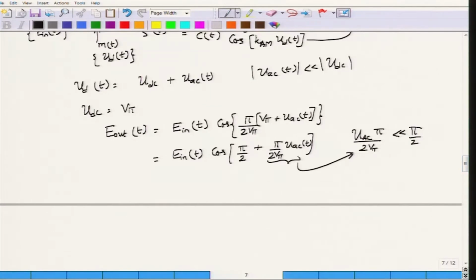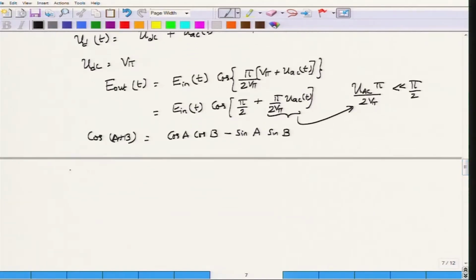Now, let us expand this cosine term by recalling the trigonometric identity cos of A plus B equals cos A cos B minus sin A sin B. Applying this formula, the output electric field is E out of t equal to E in of t times cos pi by 2 cos of K A UAC of t, where K A is pi by 2 V pi, minus sin pi by 2 sin of K A UAC of t.